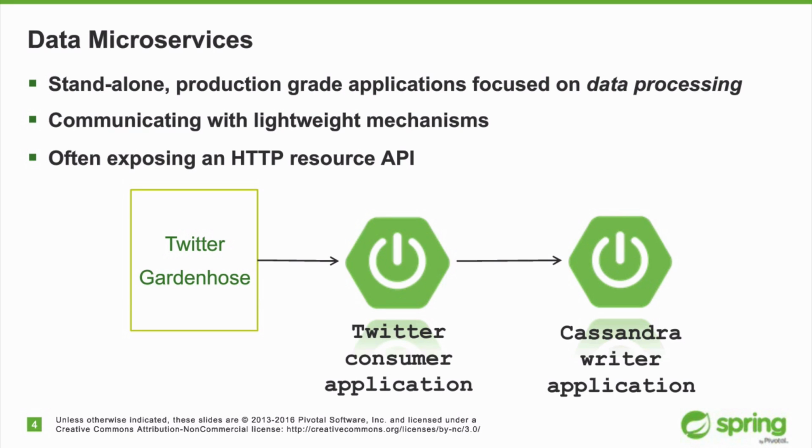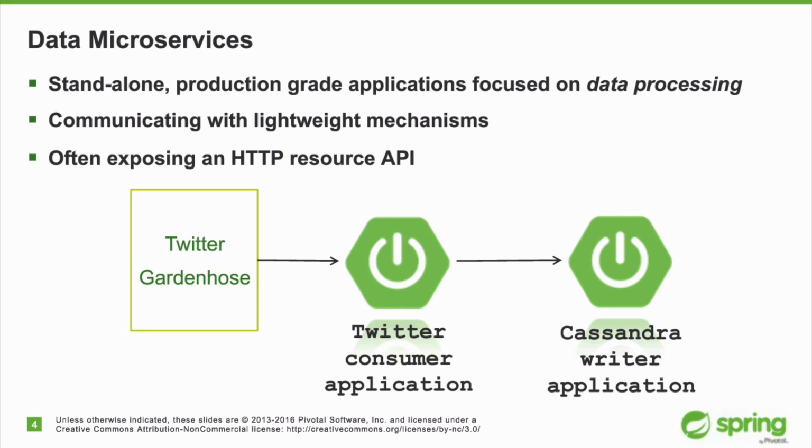Each one is autonomous. Each one can scale independently. So you may have more writers than readers, especially in the case with something like the Twitter garden hose, where you only have a single connection that can be active reading from that, but you might want to have a whole range of writers. So you can manage that independently. That also allows you to isolate failure.